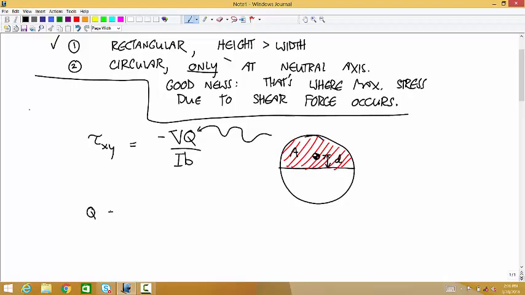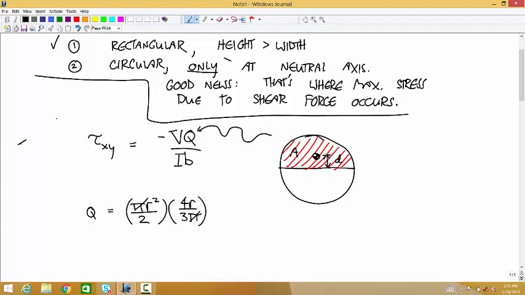So Q is equal to pi r squared over 2, that's the area, times the distance from the midline to the centroid. And you can just look that up on a centroid formula. That's equal to 4r over 3 pi.